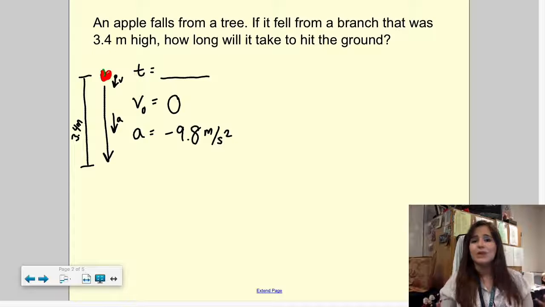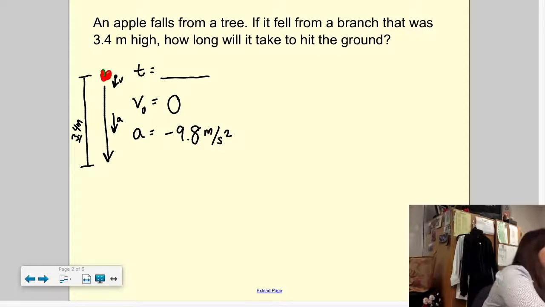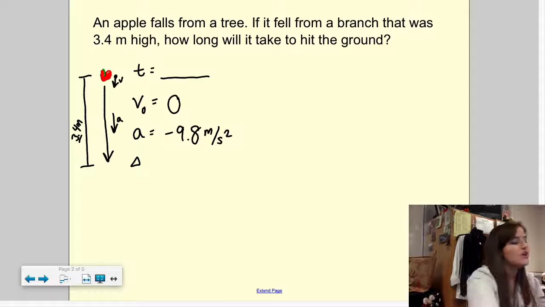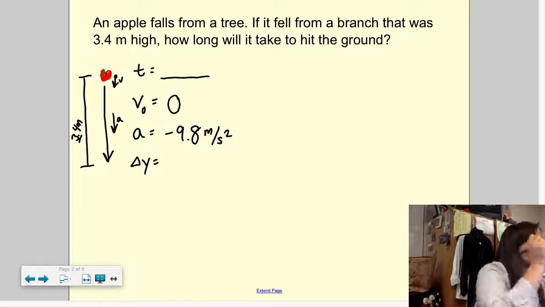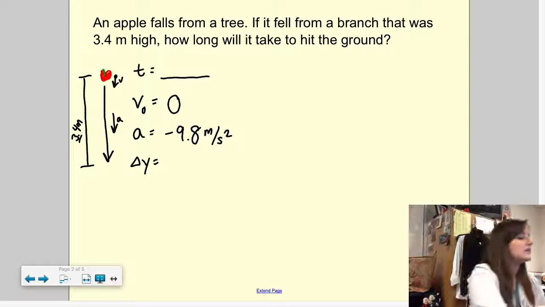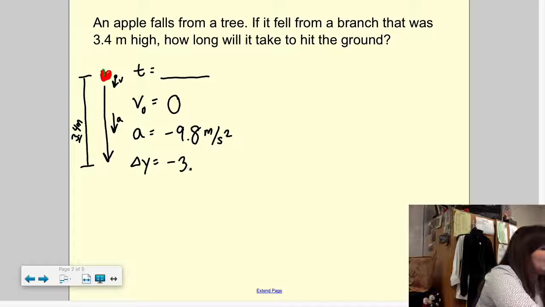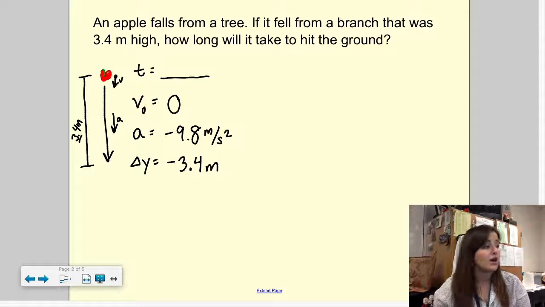It is pretty much always the acceleration for things that are in the air. And this 3.4, that is our change in position, which since it's vertical, we're going to use y instead of x. So delta y, it's falling down, so delta y is going to be negative 3.4 meters. So that's all we have.